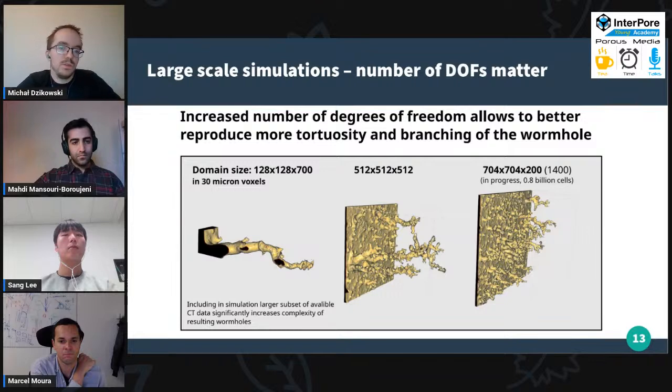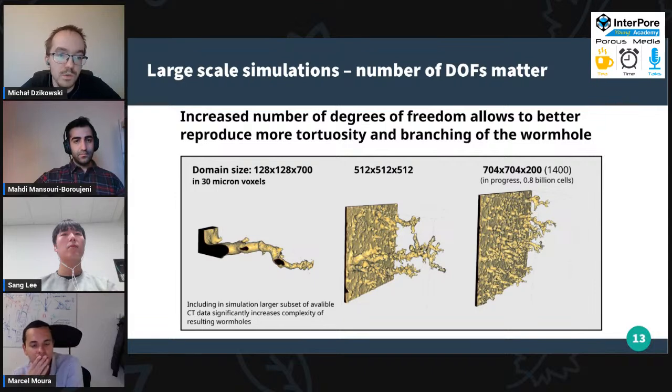So what we started to get is when we went for a subsample of the original set. First, we found that the actual amount of data is rather important, because the number of degrees of freedom for such a structure is important. When you get a bigger and bigger subsample, the structures are more and more complicated because they have the ability to respond to more and more heterogeneities inside the matrix.